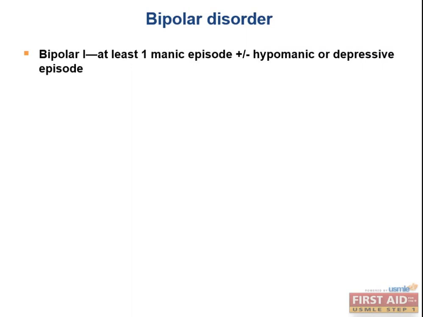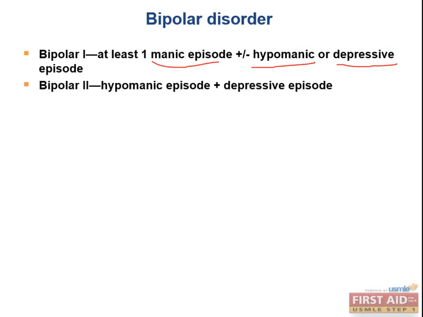In bipolar 1, the patients must have at least one manic episode with or without a hypomanic or depressive episode. In bipolar 2, the patient must have a hypomanic episode and a depressive episode.